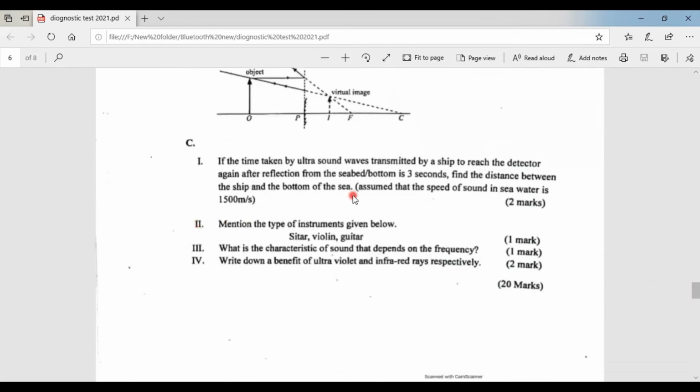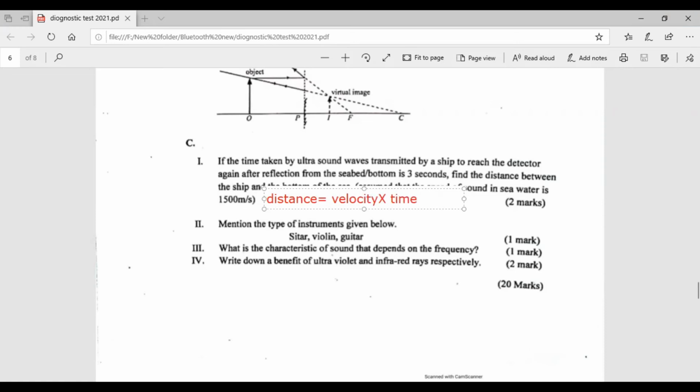C part, if the time taken by ultrasound waves transmitted by a ship to reach the detector again after reflection from the seabed is 3 seconds, find the distance between the ship and the bottom of the sea. Assume that the speed of sound in the sea water is 1500. The way of finding this is distance equals velocity multiplied by time.